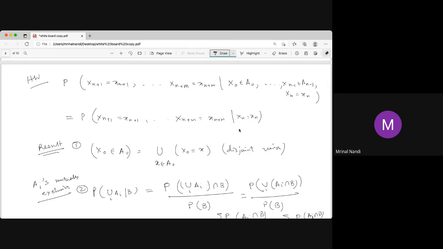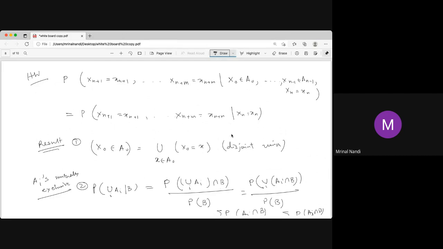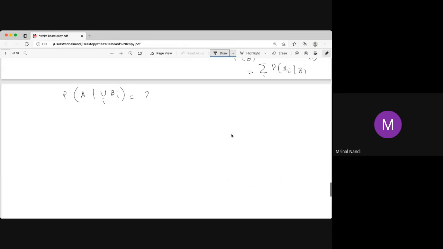That this is just, you can forget the past. Intuitively it is okay. Once xn equal to small xn is given, we can forget the previous past things. Now the union is this way.